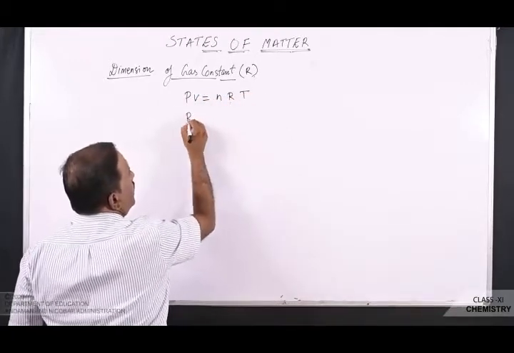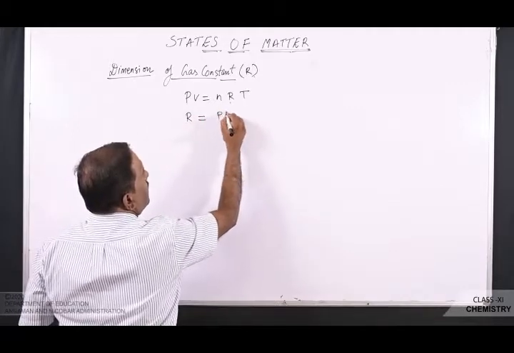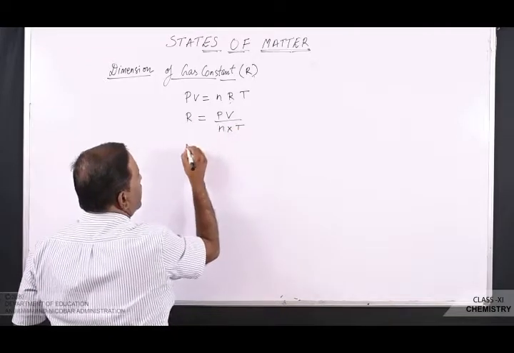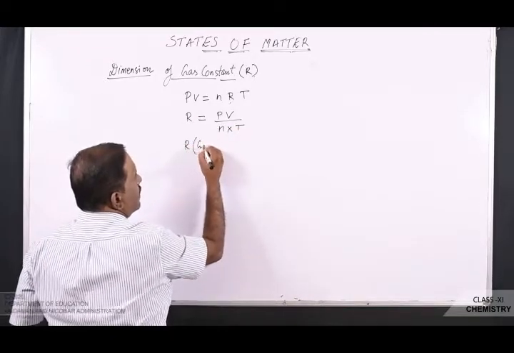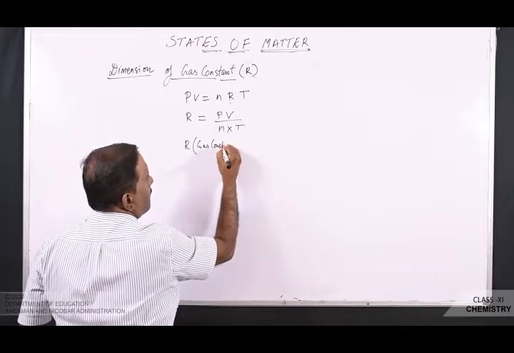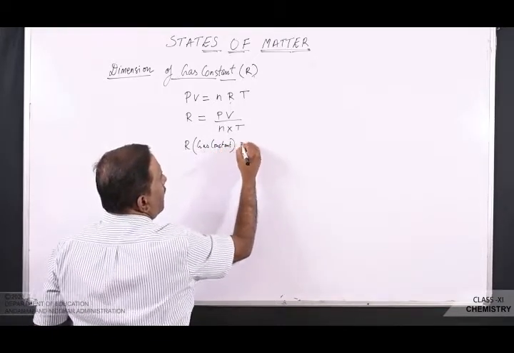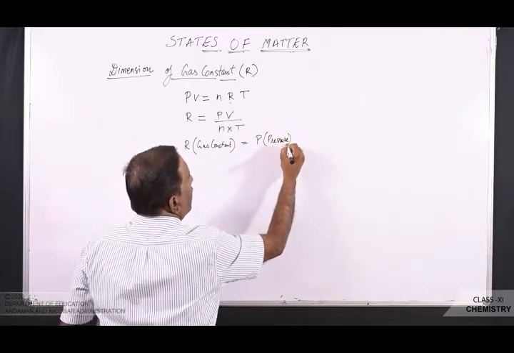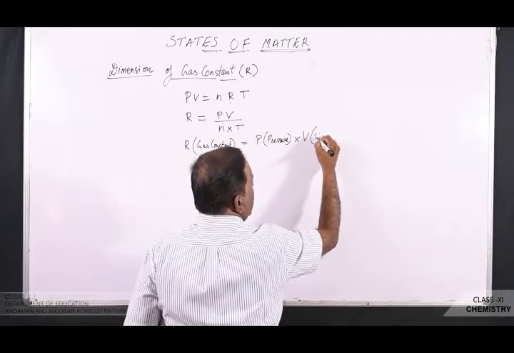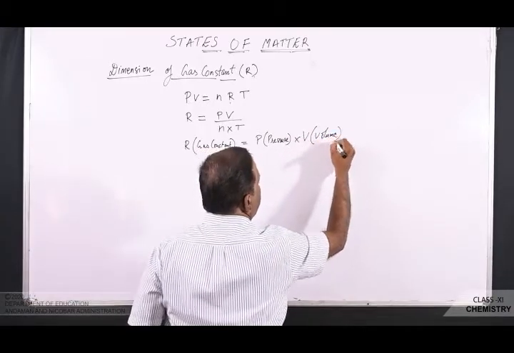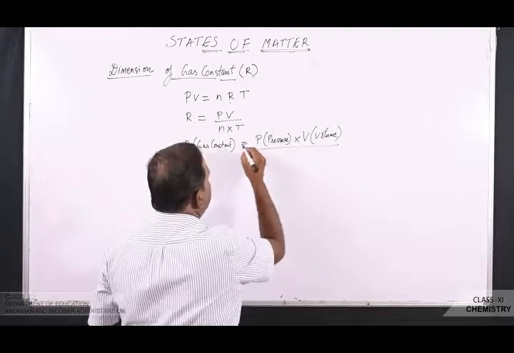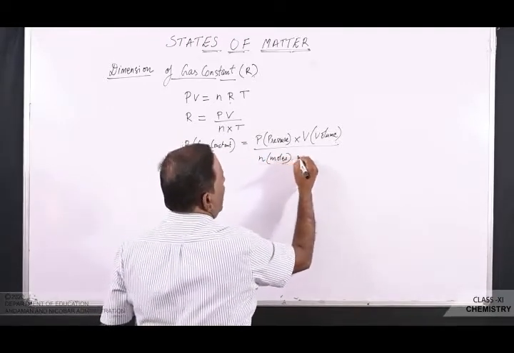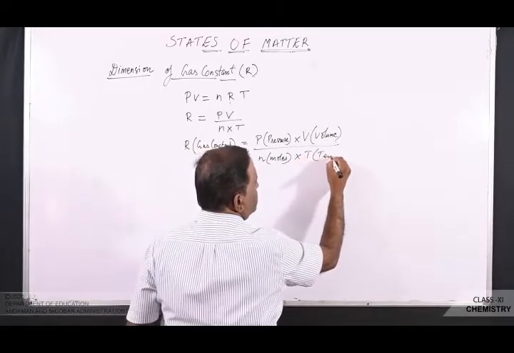So this R is PV by nT, where R is the gas constant, P is pressure, V is volume, n is moles, and T is temperature.